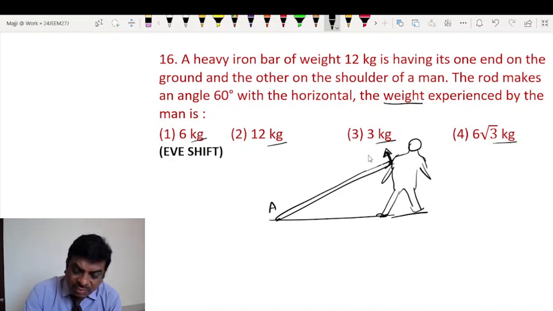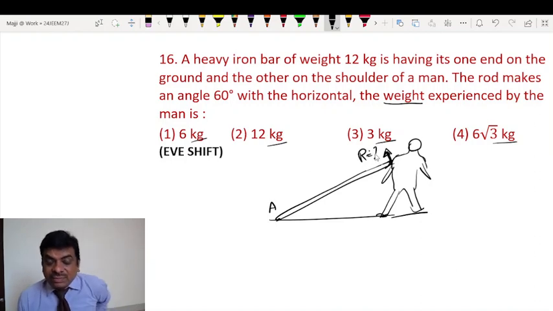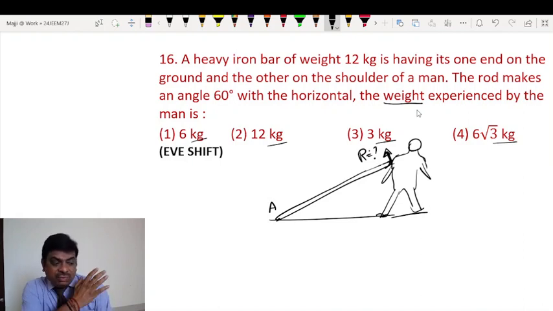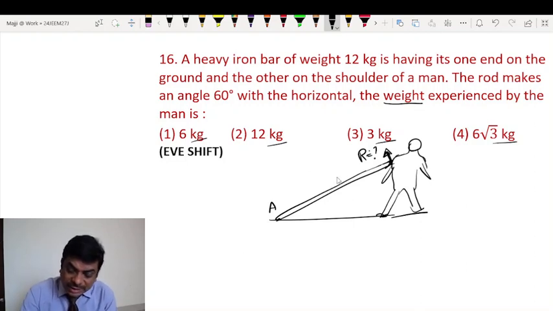Very important. So the reaction force is what is being asked. Because what will be the weight experienced by the person? Naturally, whatever reaction his shoulder is offering to the rod, that is the weight. You can call it apparent weight as experienced by the person. So this is what is being asked. So the rod is how much long?